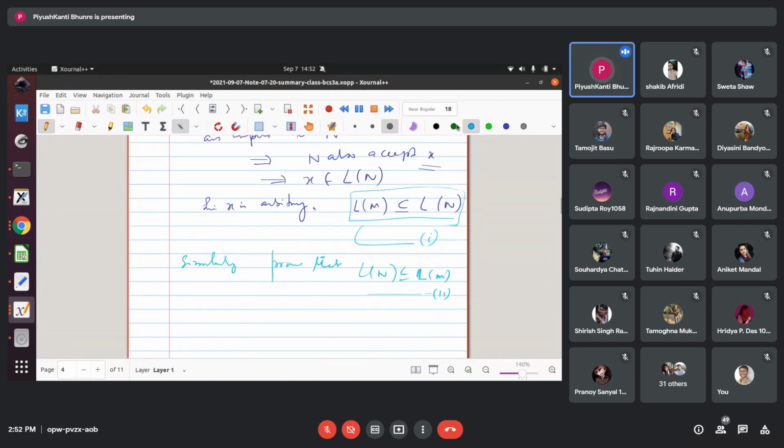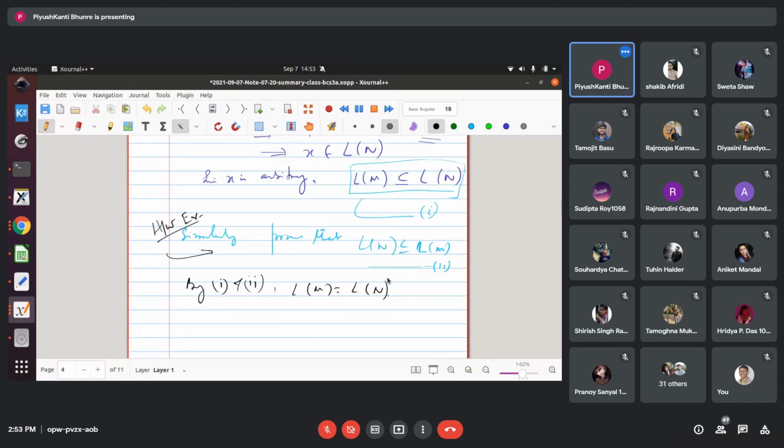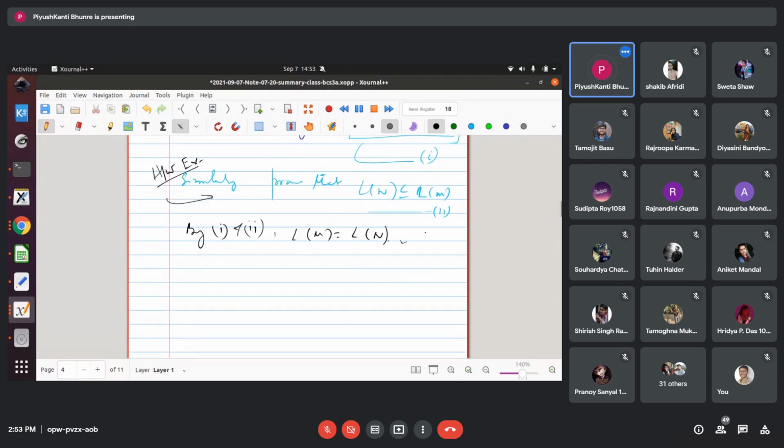So I leave this as an exercise. Prove it, homework. So this one you have to prove it. By 1 and 2, L(M) equals L(N). Okay. Done. So one part is done.